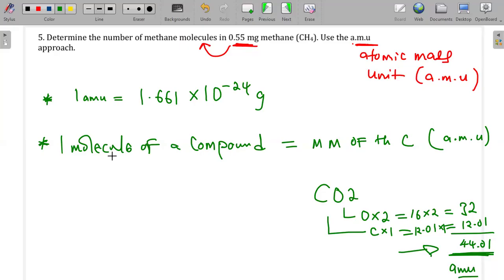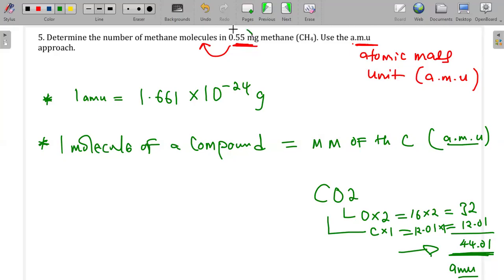Okay, so the second rule that I want you to know is that one molecule of a compound is equal to the molar mass, or the molecular mass, of that particular compound, measured in atomic mass units. So that is a valid relationship that we need to use.